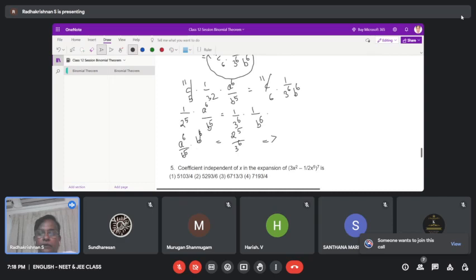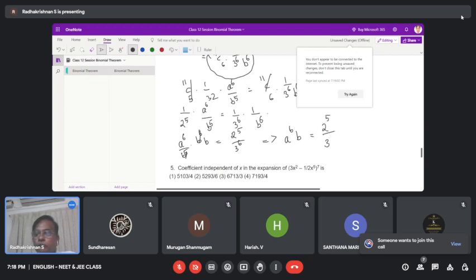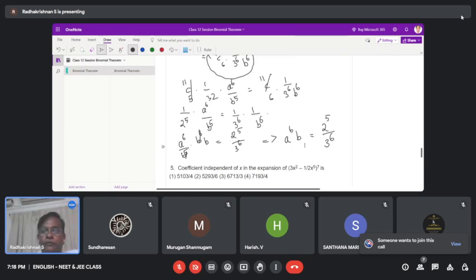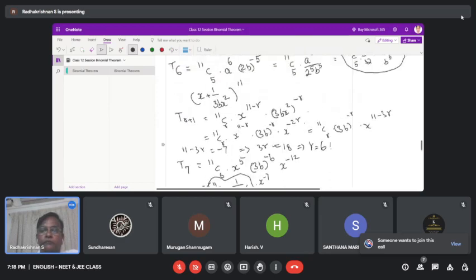So this will cancel out. a power 6 b. This is what you are getting, right? A power 6 into b equal to 2 power 5 by 3 power 6.